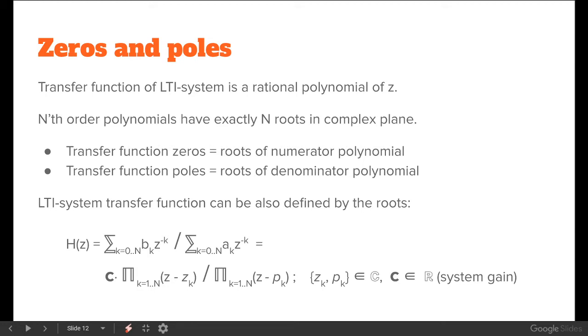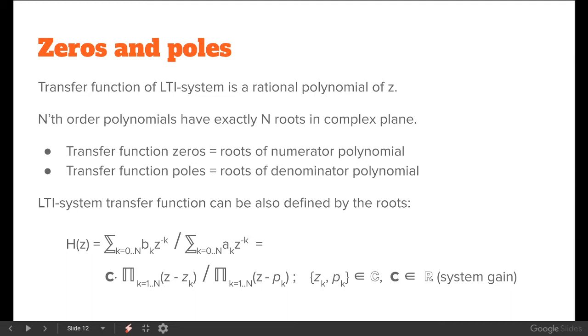If we multiply the upstairs and downstairs by z to n, where n is the highest order in this polynomial, we get something like this: b0 times z to n plus b1 times z to n minus 1, and so on until we hit the plus bn.